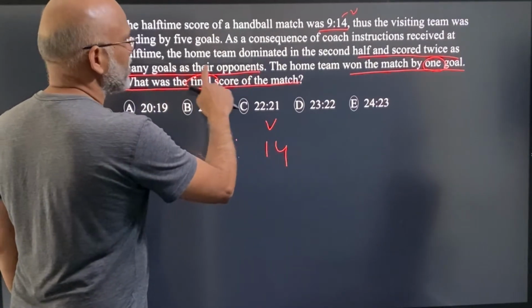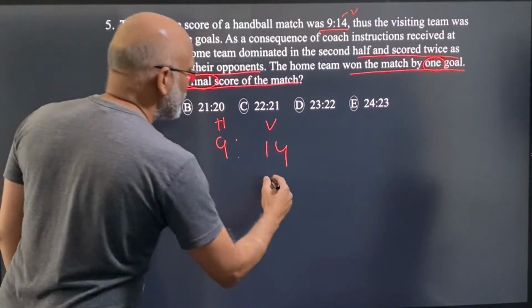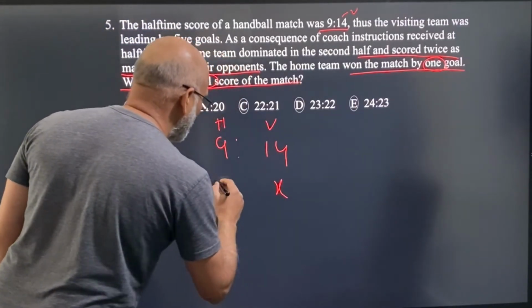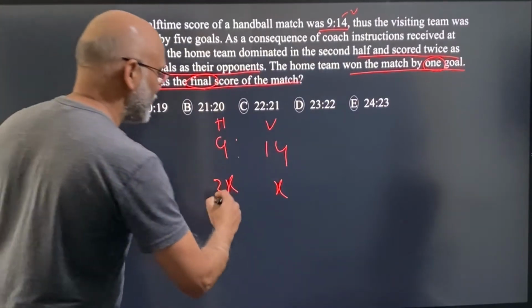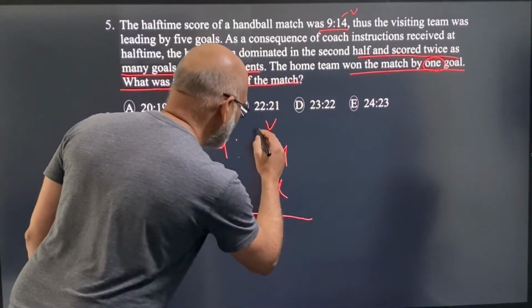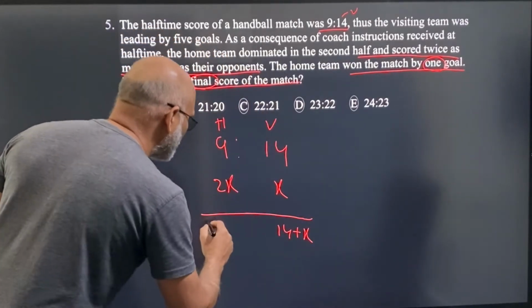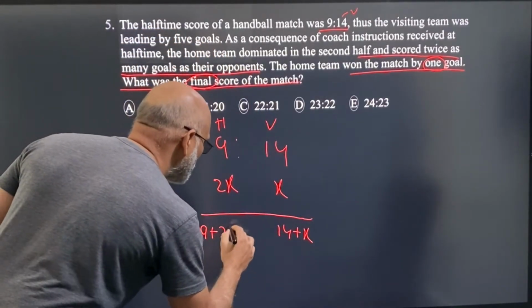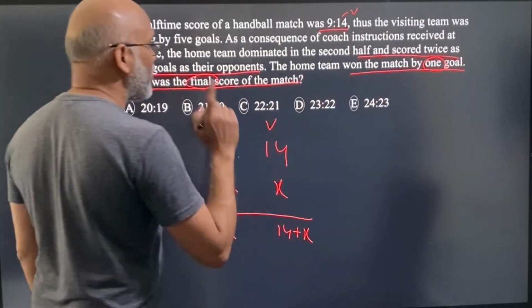So what is given to us? In the second half, the home team scored twice as many goals as their opponent. So if the opponent scored x, they must have scored 2x. At the end, the visiting team scored 14 plus x, and the home team 9 plus 2x. The home team won the match by 1 goal.